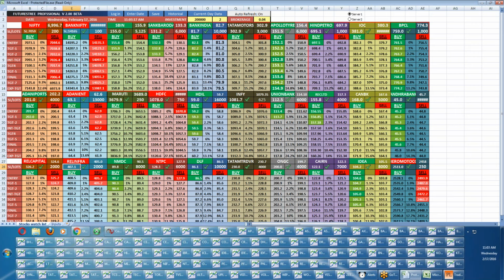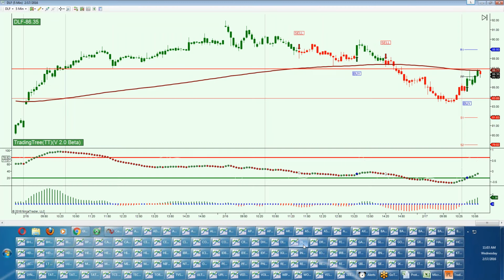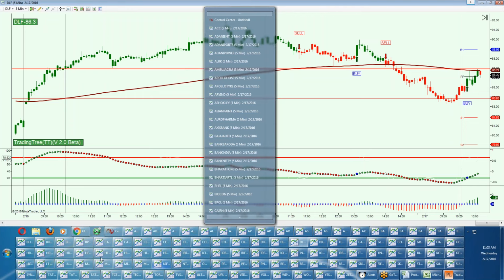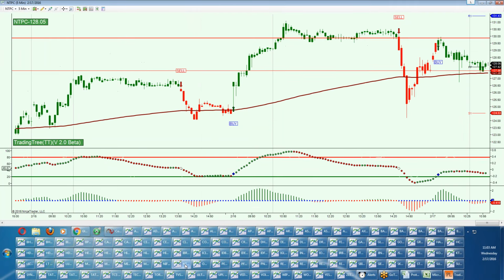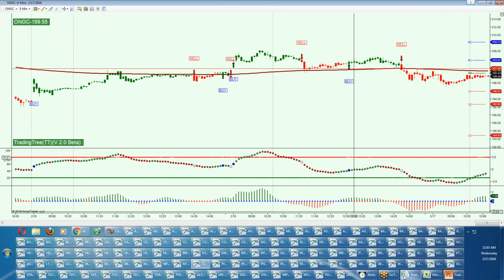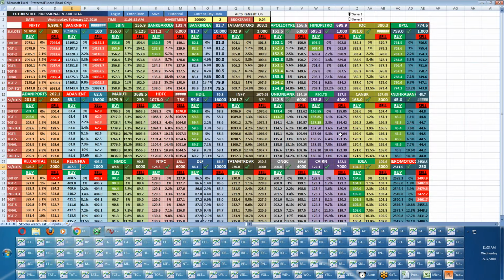So we have another trade in NTPC. We had a buy call in NTPC in the morning. It did its intermediate target. Now we have the sell call. BLF we have a buy 86.50. In Petro we had a sell. Now it's a buy.